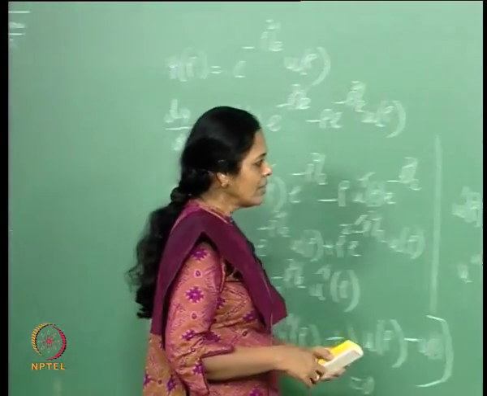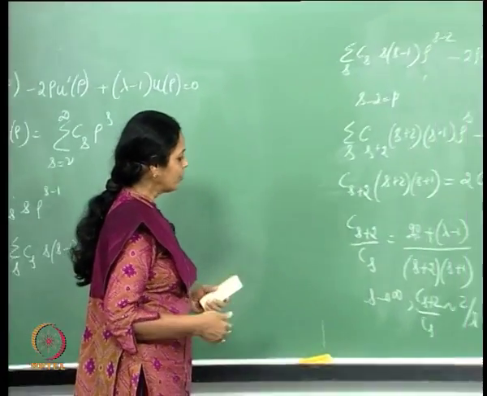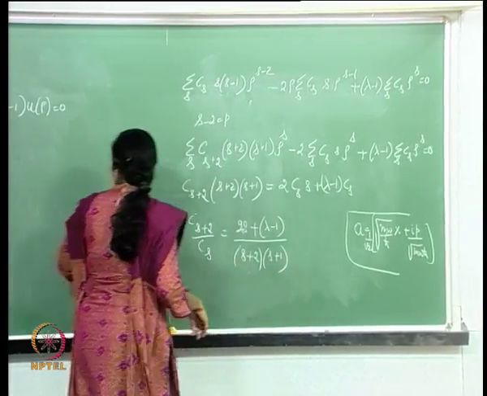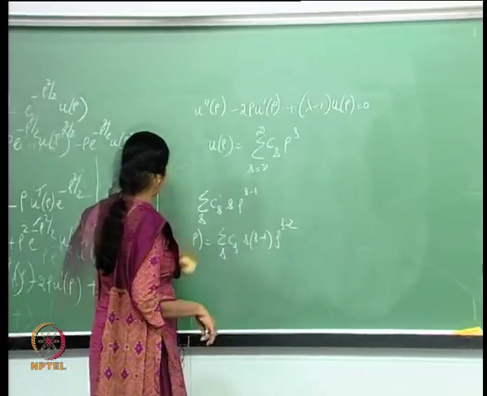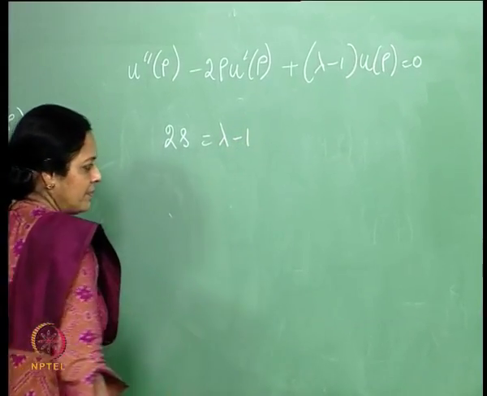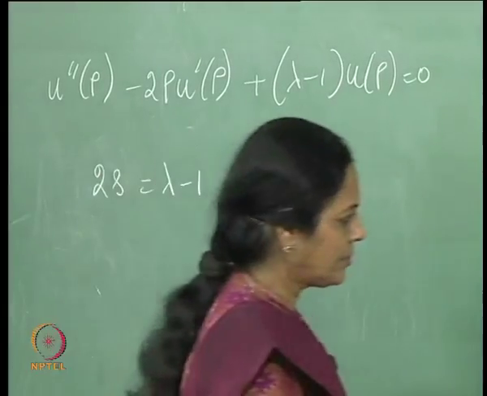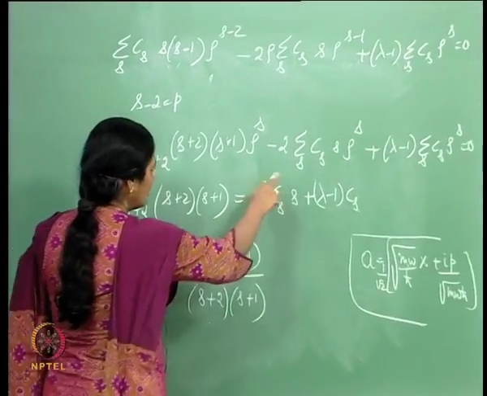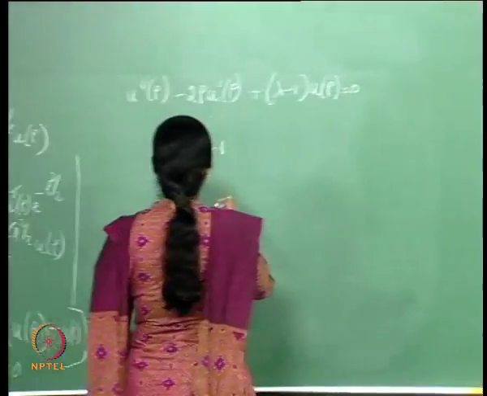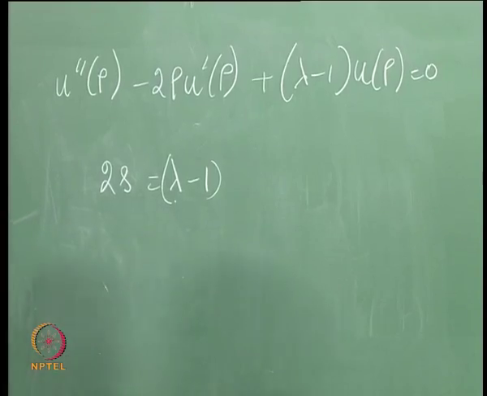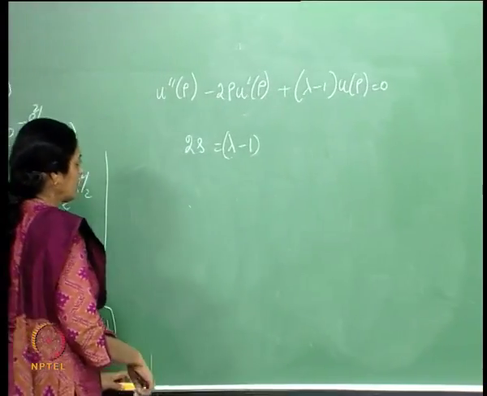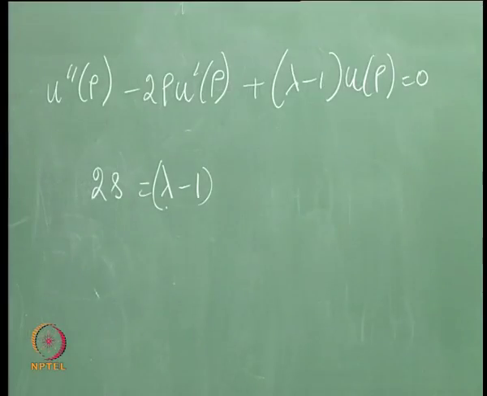I do not want that. So one way of solving the problem is to look out if the series truncates somewhere, and that is possible because if 2s minus lambda minus 1 is equal to 0, that is, if 2s is equal to lambda minus 1, then I know that the series truncates.